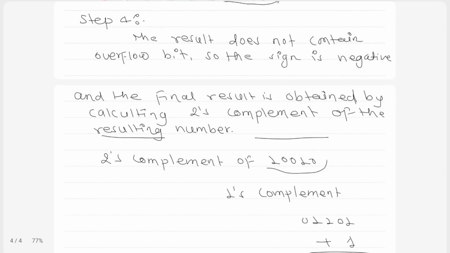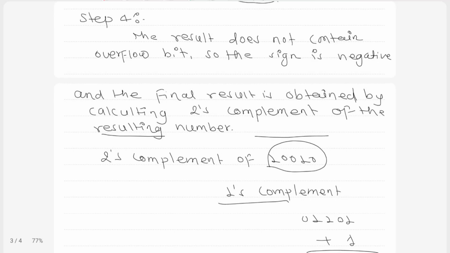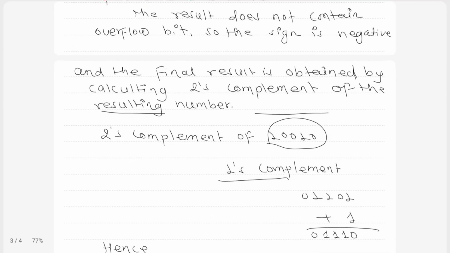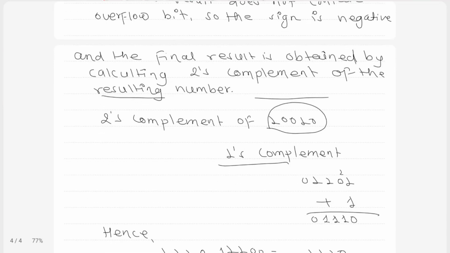So first of all we take the one's complement. We convert 1 into 0 and 0 into 1. So the one's complement is 1 1 0 0 0 1 1 0. And then after that we add 1, and we get 1 1 1 1 0.